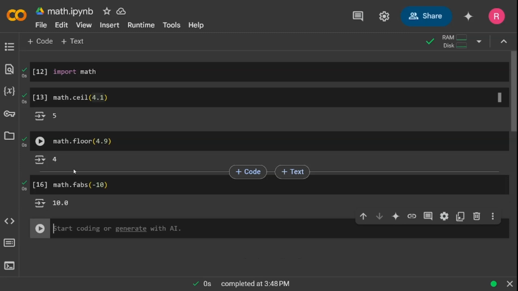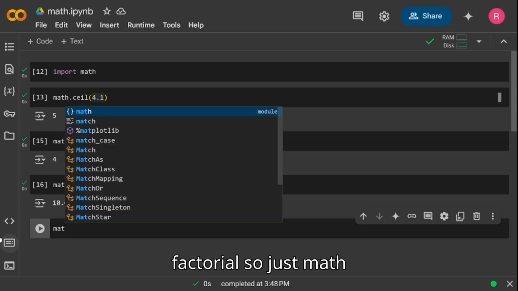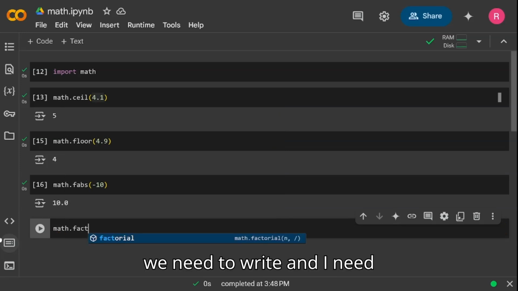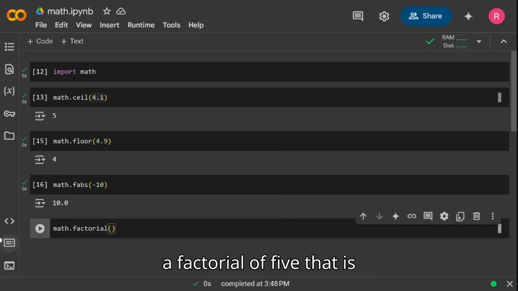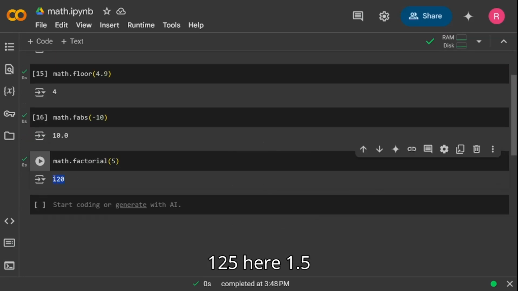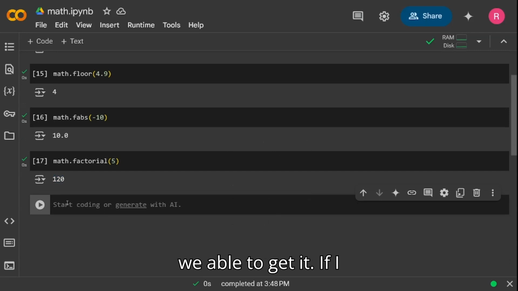It's simple. Now if I need a factorial, just math dot factorial we need to write, and I need the factorial of 5, that is 120. Here we are able to get it.